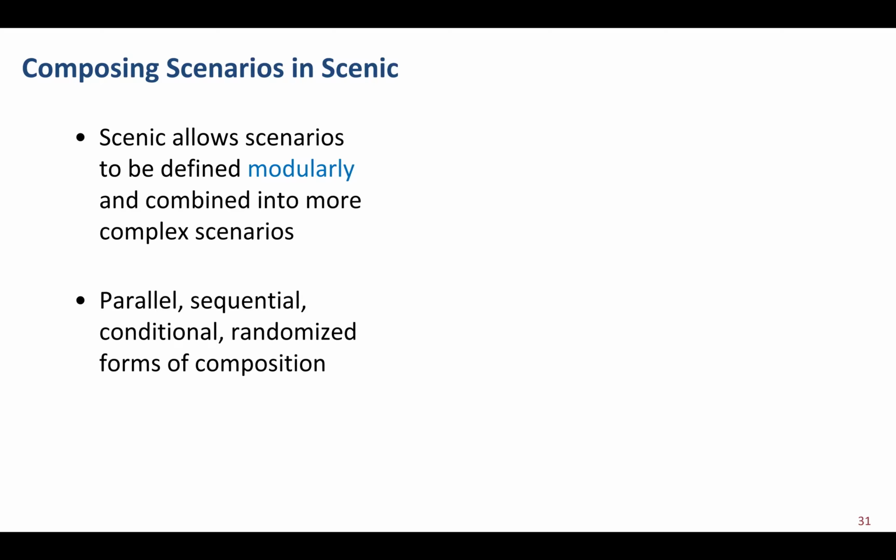There's parallel composition, where you can take two scenarios, for example, that might be happening in different parts of the map or in the workspace, and you can compose them in parallel, meaning they happen simultaneously, right? But potentially in two different areas. It can also be in overlapping areas, but then of course you have the interacting constraints that one has to deal with. You can do sequential composition, which means you can have one scenario happen after another.